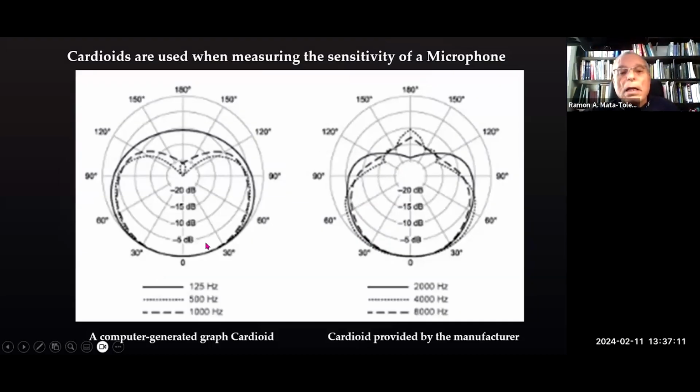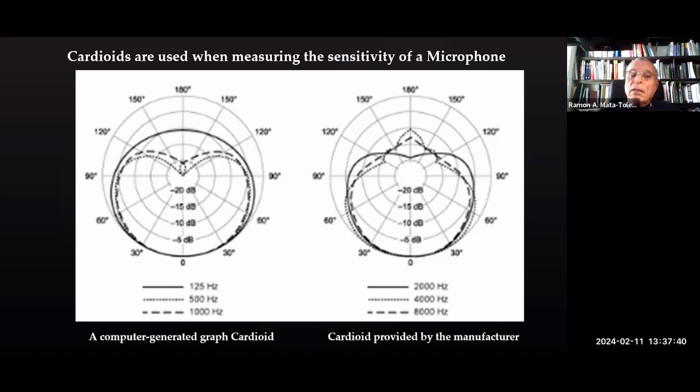The approach that we always take is we take a graph generated by the computer and we try to approximate it to the real graph. That way, we can manipulate inside the system the different parameters until we get the result we want, or we think that it's a decent result to obtain.